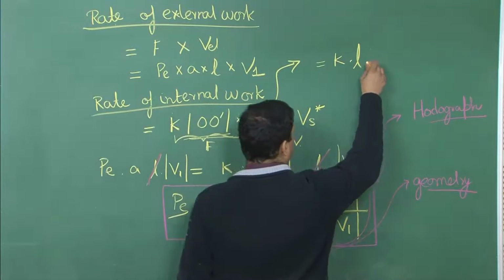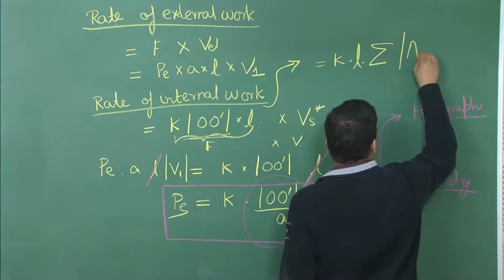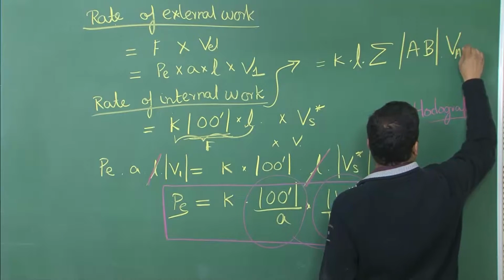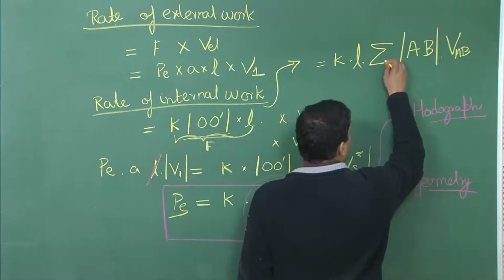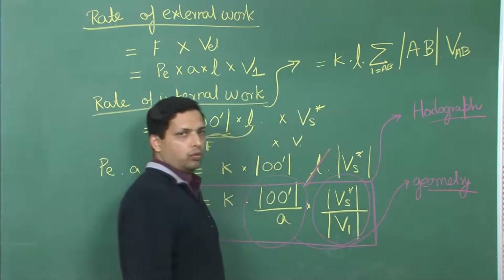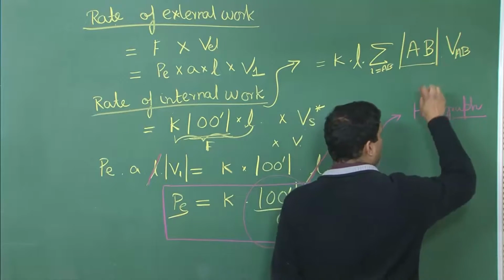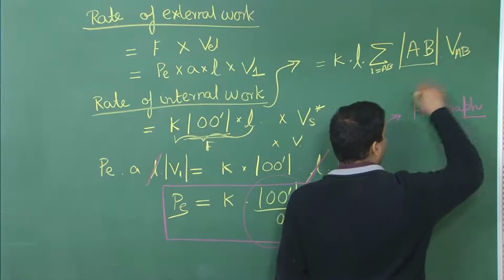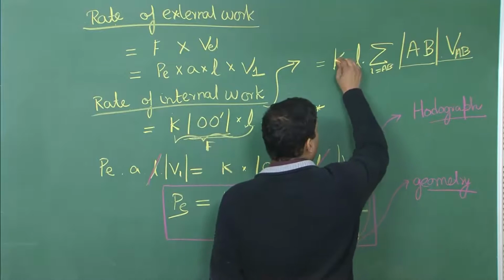So, we will take L as a common factor outside, and inside you will have AB, which is the length, and VAB, meaning the velocity on that particular plane. So, you will take summation of all such planes, the length of this plane, the length meaning the trace that you are seeing on the geometry, and shearing velocity on that plane. So, these will be your terms.